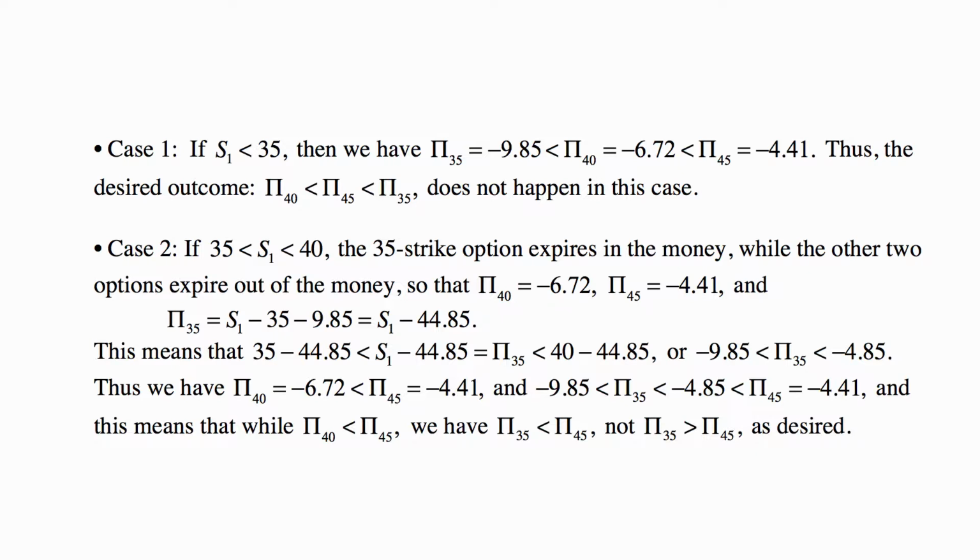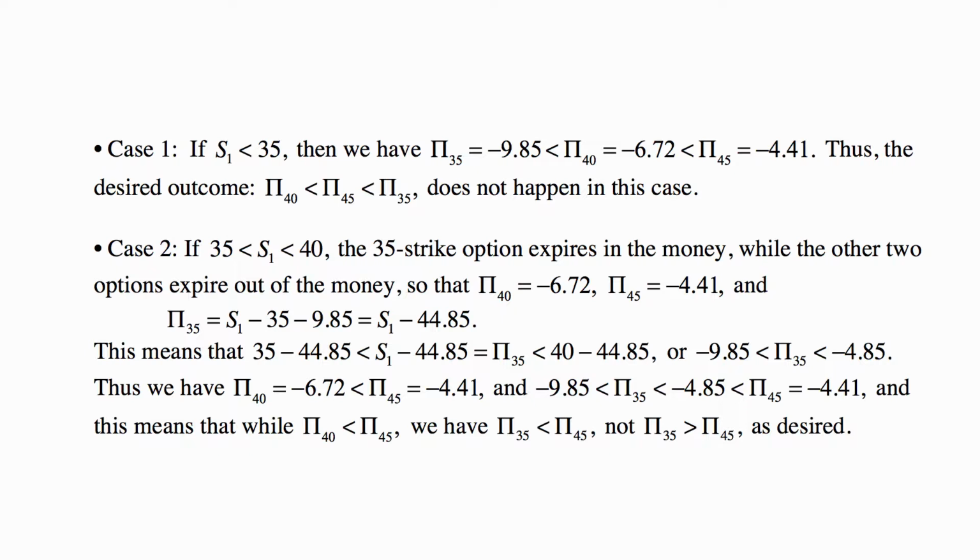None of the options has any positive payoff. We only count the costs, and of course they're negative. So the desired outcome, which is pi 40 less than pi 45 less than pi 35, doesn't happen in this case.